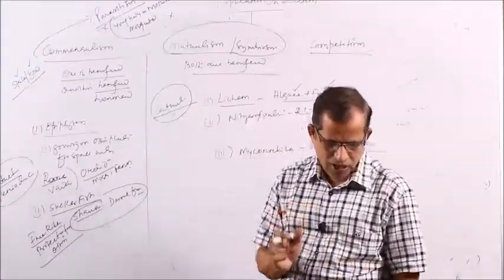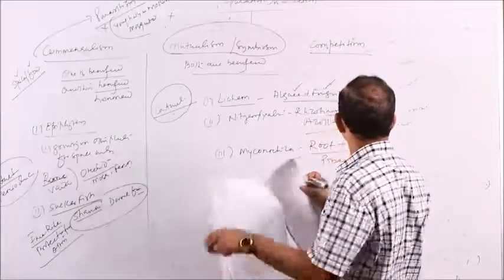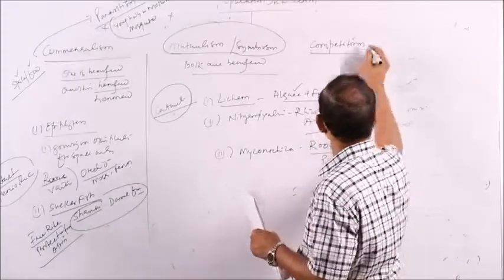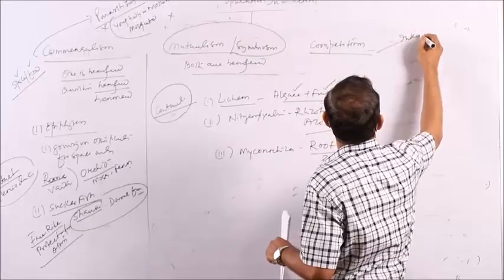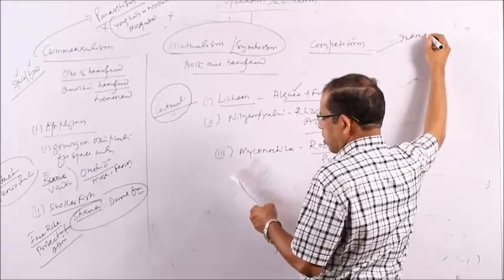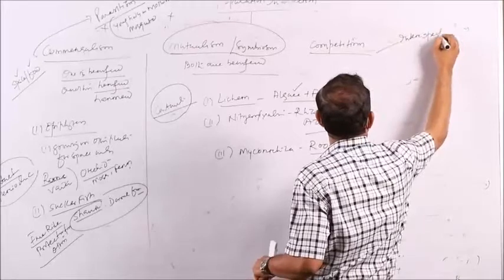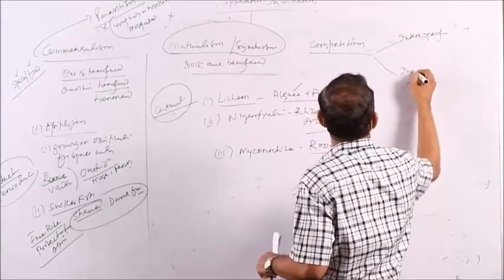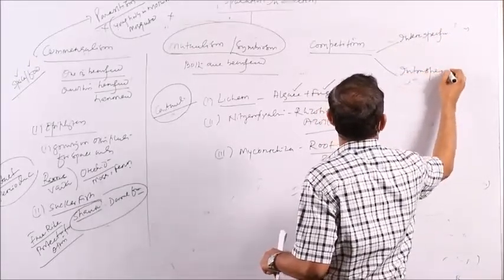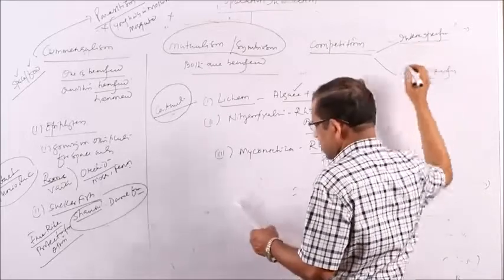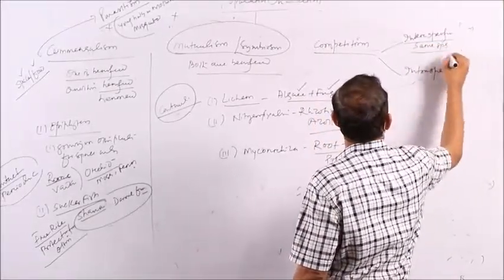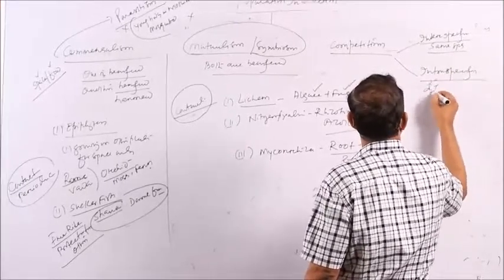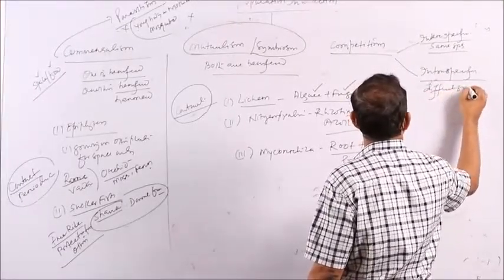So the third category we can go for, what I was discussing, is competition, which is of two types: interspecific and intraspecific. Intraspecific means within the same species. Interspecific means with different species.